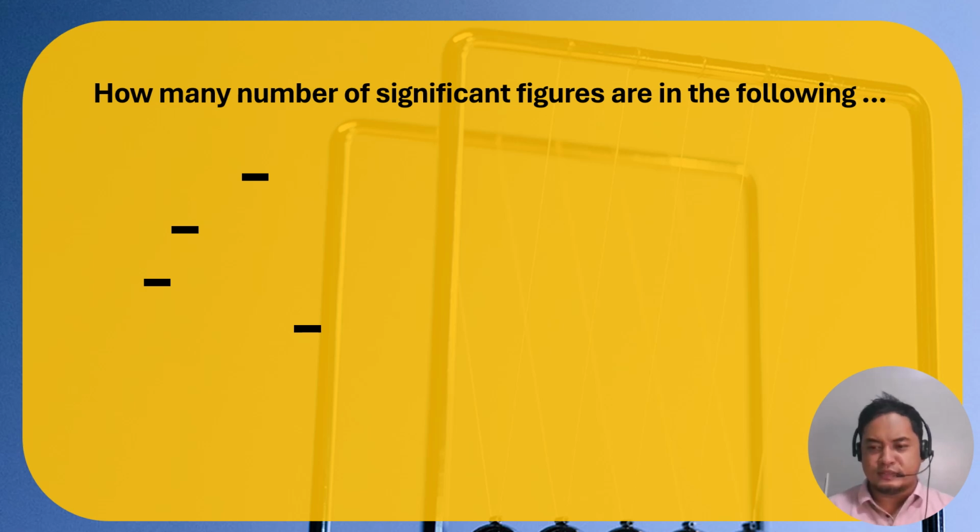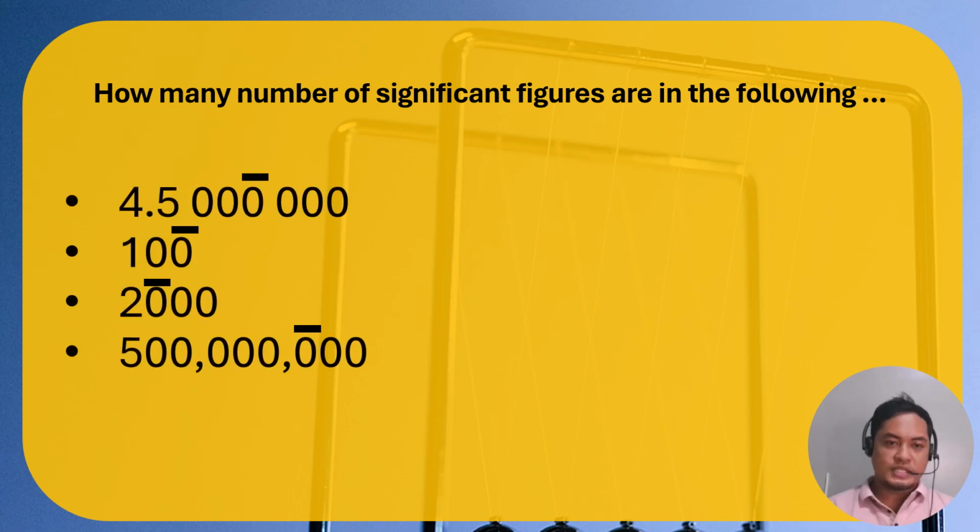Now we have a special situation where your physics teacher, mathematics teacher, or science teacher will use this bar sign. We will name that bar sign later on. So for example, you have these figures and you notice that we have a bar above the zeros. These bars are very important in determining the significant figures.